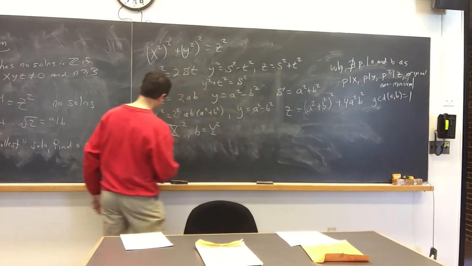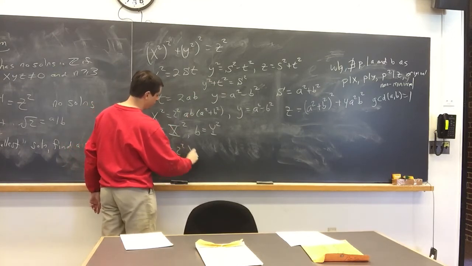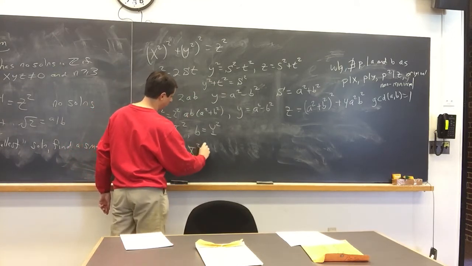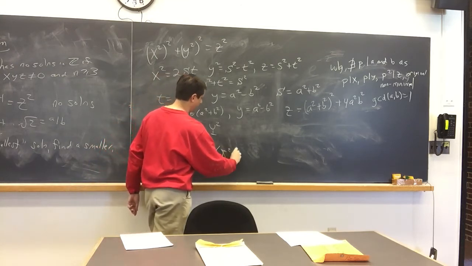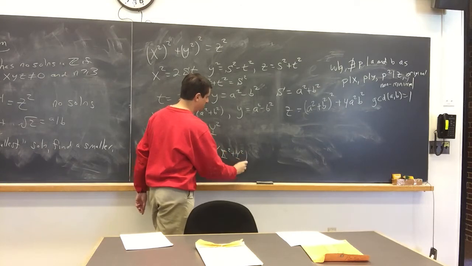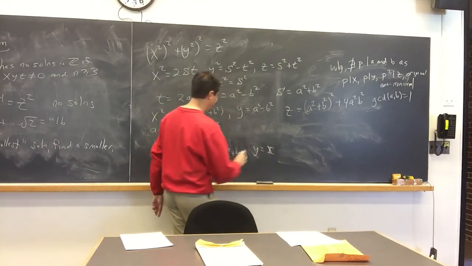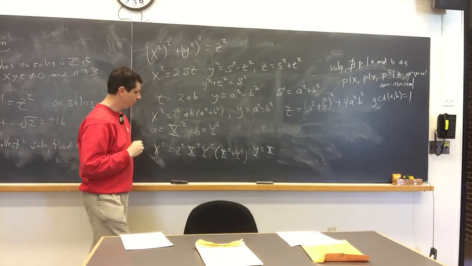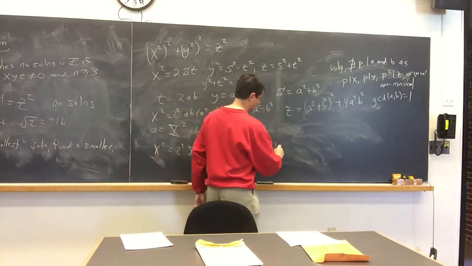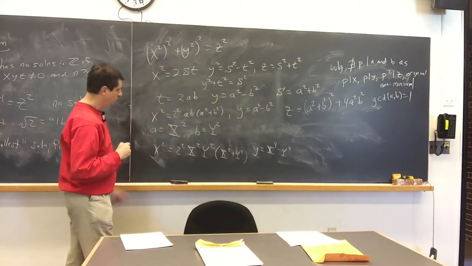All right, so we now get x squared, y squared, x squared plus y squared. What's y going to be? X to the fourth minus y to the fourth? Wouldn't that also be x to the fourth plus y to the fourth?